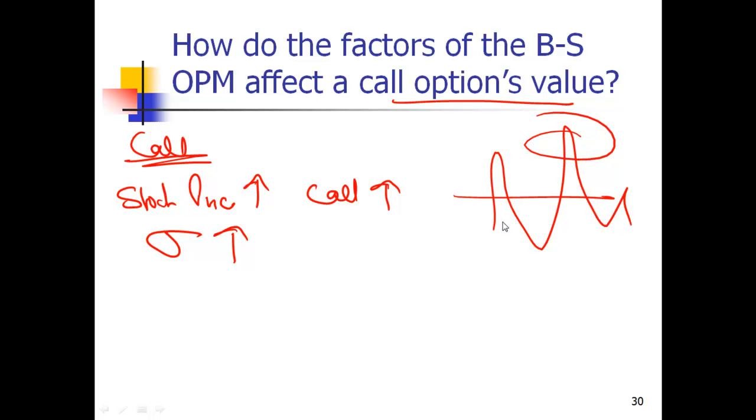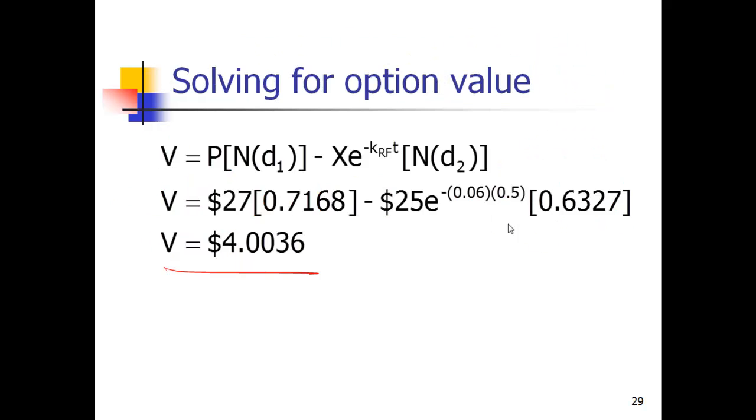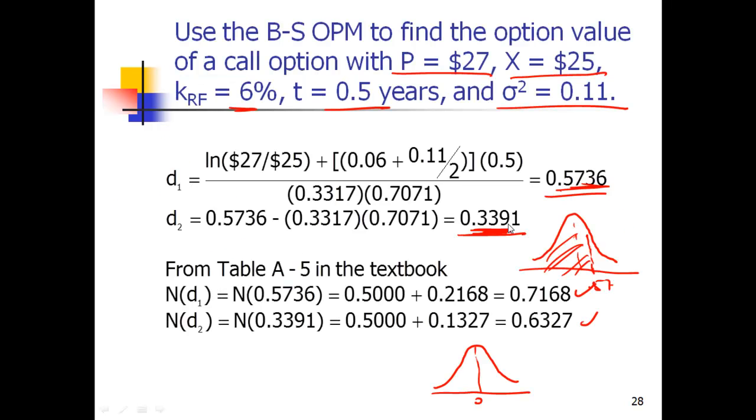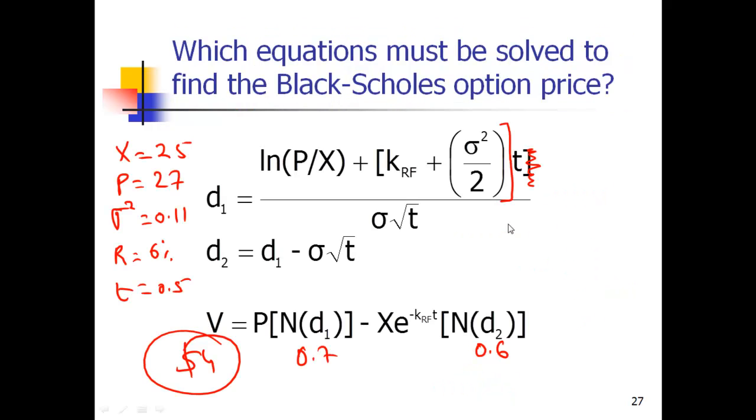I'll answer this briefly, otherwise we'll lose the whole class. The point is this, clearly the value of a call option depends on the volatility of the underlying, right? And what Black Scholes tells us is that the way you account for volatility of the underlying is through these numbers.